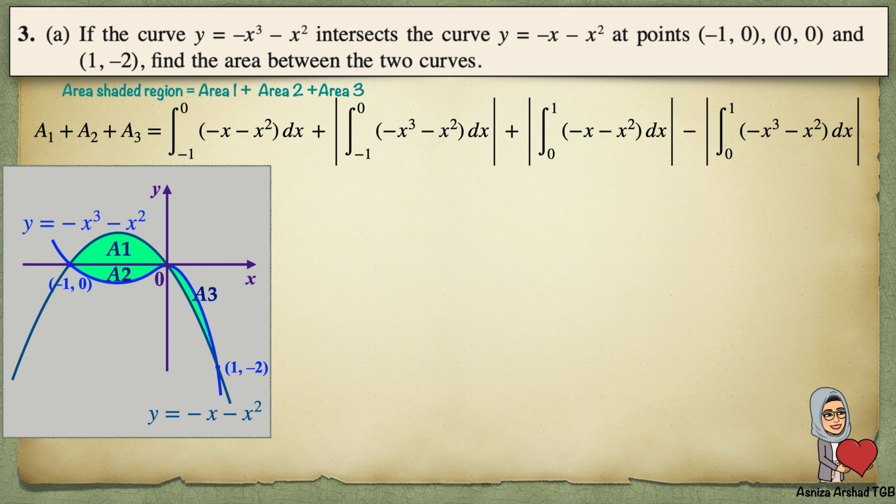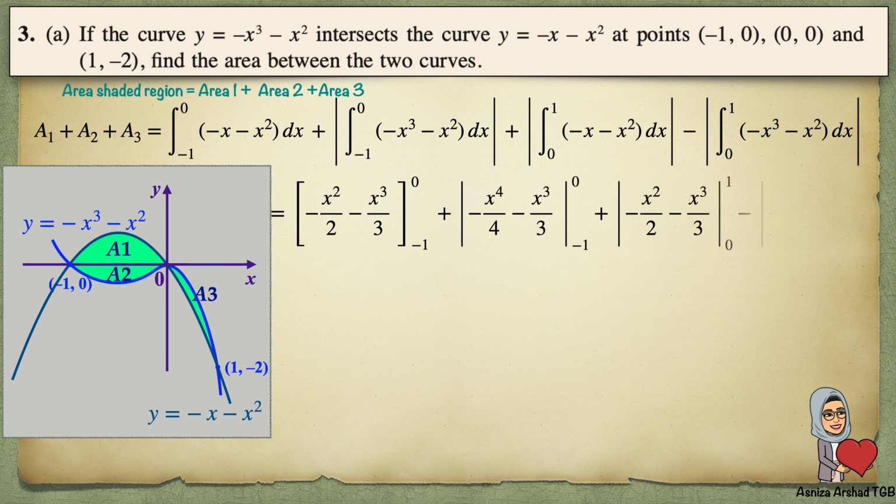And then for the third region, area 3, we find the area from 0 to 1 of the quadratic graph negative x minus x squared dx to the x-axis, and then subtract the area between the cubic curve and the x-axis, with the same limits from 0 to 1, with function negative x cubed minus x squared dx.